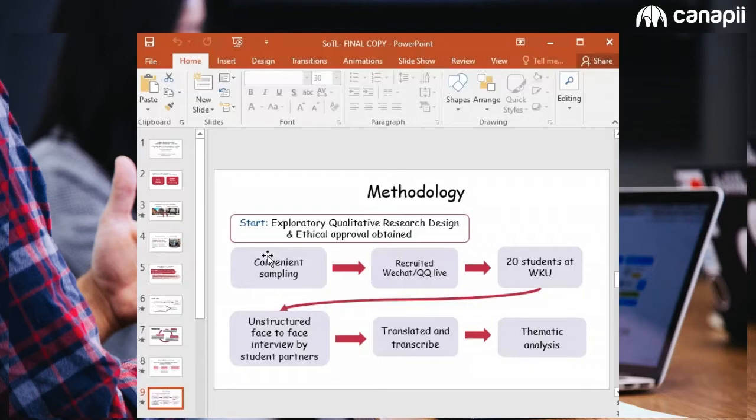So we just follow convenient sampling, and we recruited 20 students at our university, Wenzhou University, via our Chinese daily social media. And we conducted unstructured face-to-face interviews by student partners. And now we are at the stage where we will translate all the data, transcribe them, and finally do the thematic analysis.